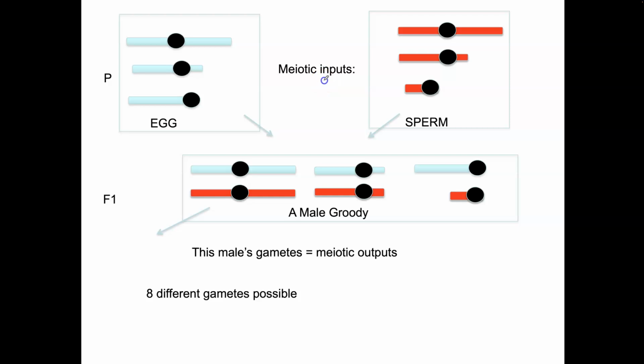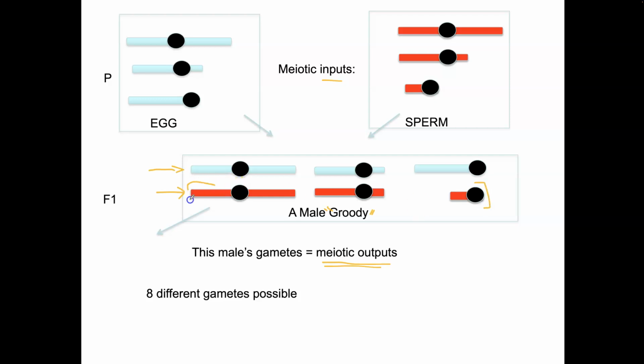So the idea of meiotic inputs means the chromosomes that, in the case of this fictional animal, it inherited: the maternal ones are in this pale blue color, and the paternal ones are in this red color. Now there are going to be 8 different gamete combinations, and we're going to go through some of them in the lecture.